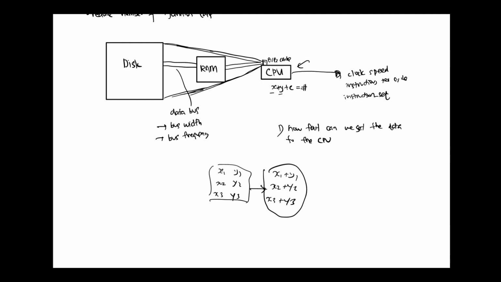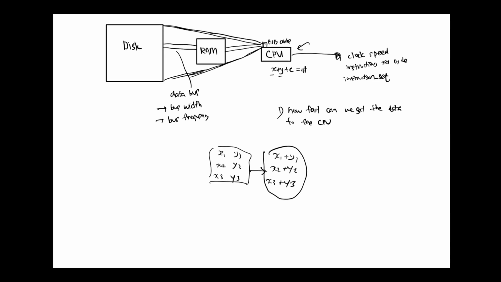Now, we need to think about what the memory access patterns are, right? You can think of a block of memory. So for example, this is a memory block, and you can think of it as sort of like a box, and let's say this is 1 byte, 1 byte, 1 byte, and so on and so forth.